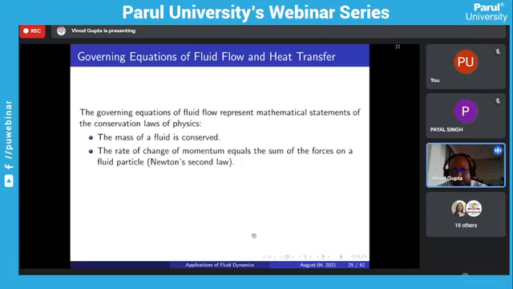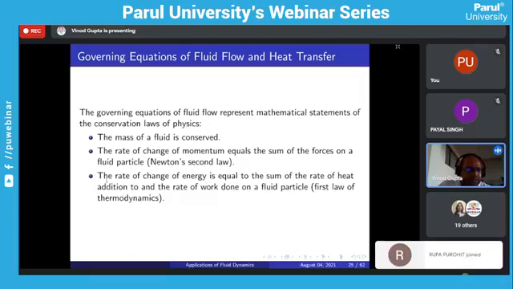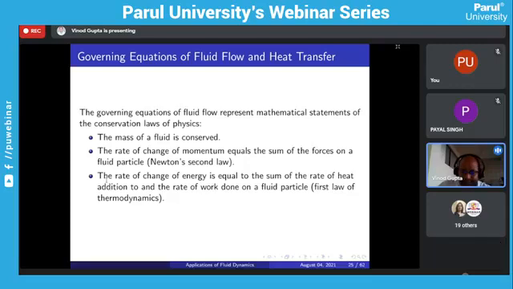Because if the fluid is in motion, then Newton's second law of motion will work, and it says that the change in momentum is equal to the sum of all forces acting on the fluid particle. And the third one corresponds to heat transfer, because if you are heating the fluid from below, it means you are increasing the temperature of the fluid.